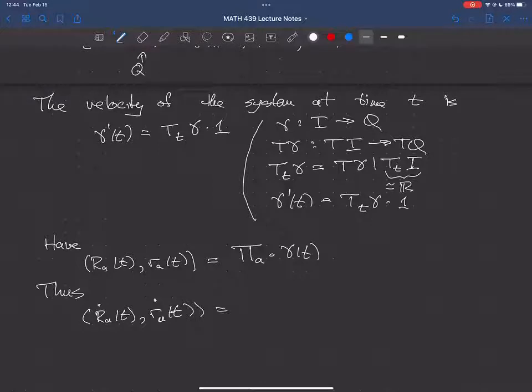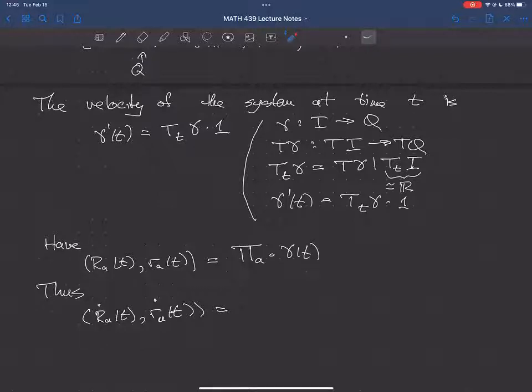Okay, and I get, so now I'm going to differentiate this expression with respect to time. And so this is the derivative of a composition, right? The composition of pi_a with gamma. And so when you differentiate compositions from calculus, you differentiate using the chain rule.